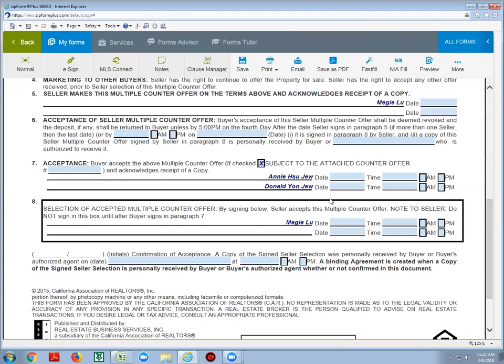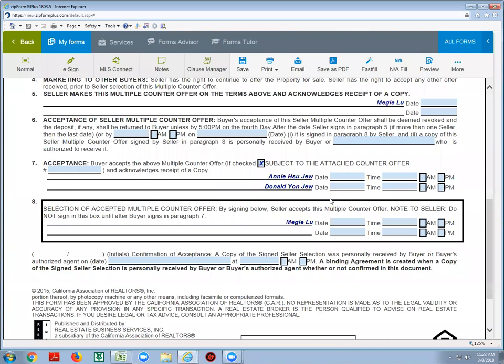Basically, you only got 3 days, so it's 1 more day. If the buyer signed it on the very last day, the 3rd day, then seller better respond by the next day. So this is the 4th day after the date seller signed in paragraph 5.